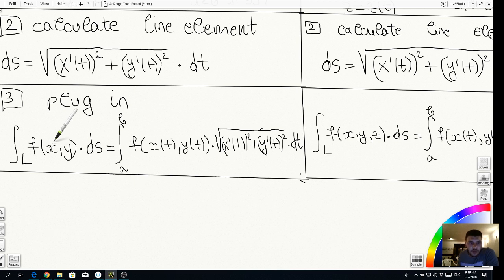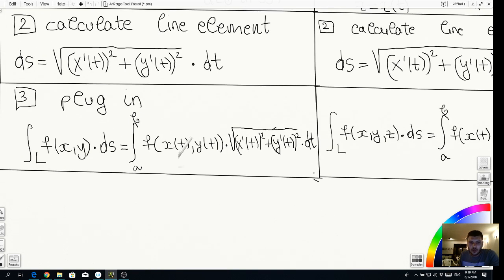On the right side we have an ordinary integral from a to b of function f that depends now on t, and this was ds, our line element from step 2.